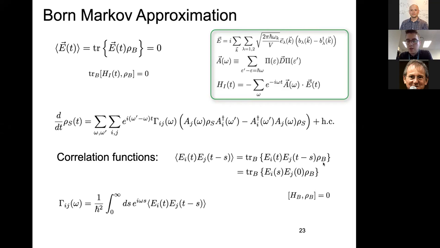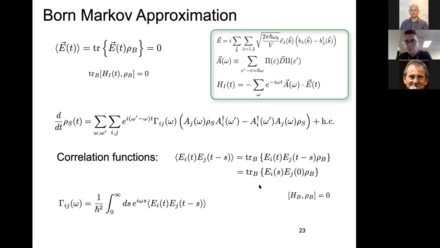The way that you can show this explicitly is by using the fact that for our initial choice of environment state, a radiation field which is initially in thermal equilibrium, the Hamiltonian of our radiation field commutes with rho_B. Considering that this time dependence is generated through an interaction picture transformation, so E_I at time t is given by e^{iH_B t} E_I e^{-iH_B t}, based on this commutation property we can shuffle around e^{iH_B t} and e^{-iH_B t} in this expression to show that the dependence on the current time t vanishes, and it only depends on the time difference.